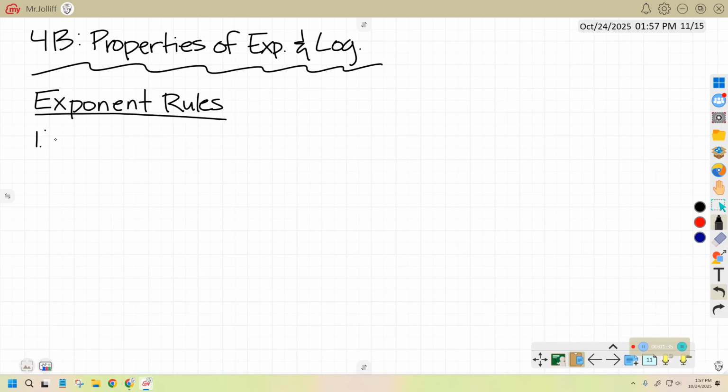First one is the product rule. The product rule says that if I have an exponent with base a to the m, and I multiply it by another exponential with the same base, that I just add the exponents. That sounds familiar.